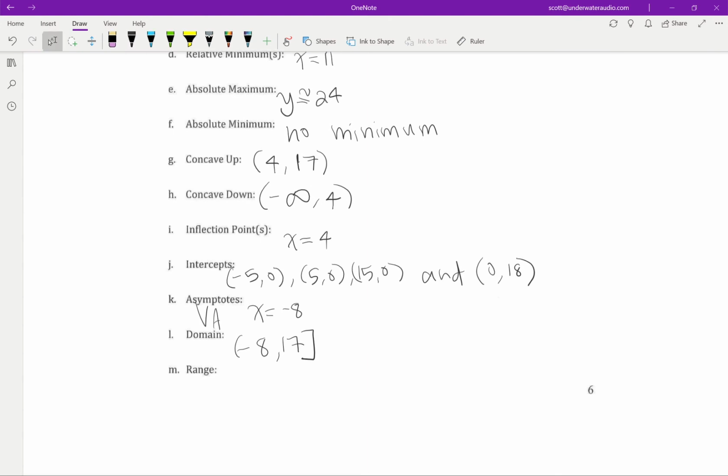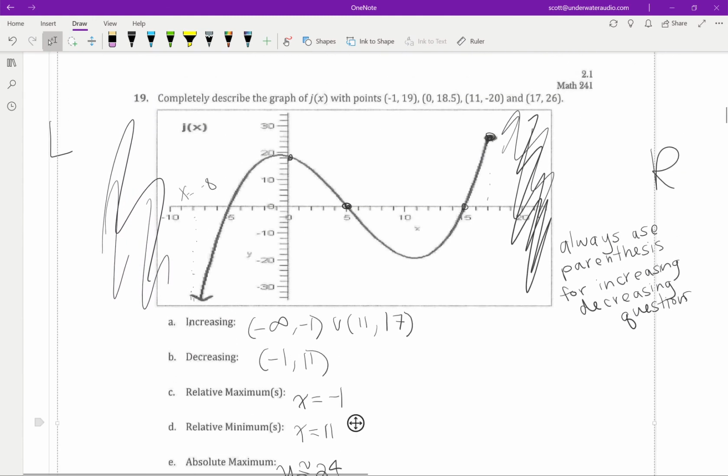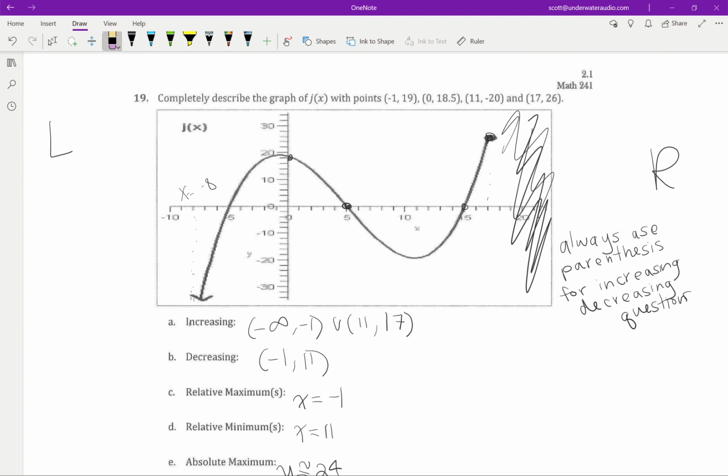And then last question is about range. Okay, so let's erase my really, really bad drawings. Okay, so now we're talking range. We did x values, now we're doing y values. So since this goes down all the way to negative infinity, all of these y values are accounted for.